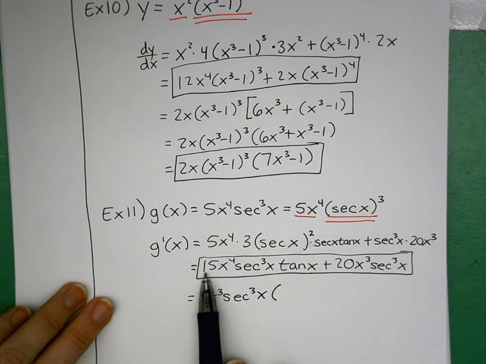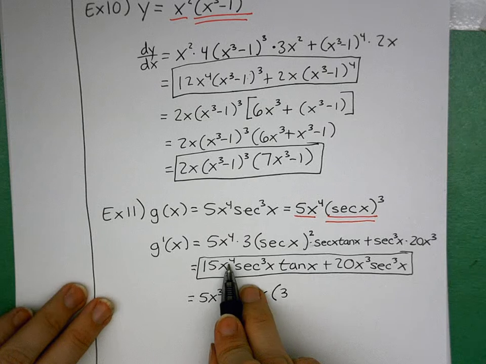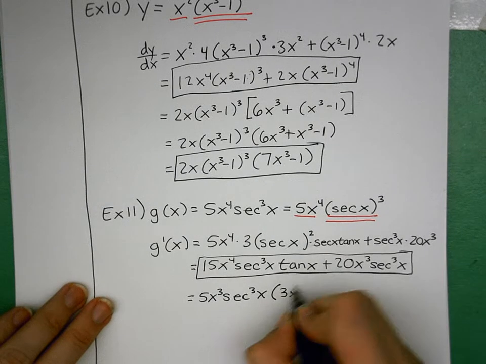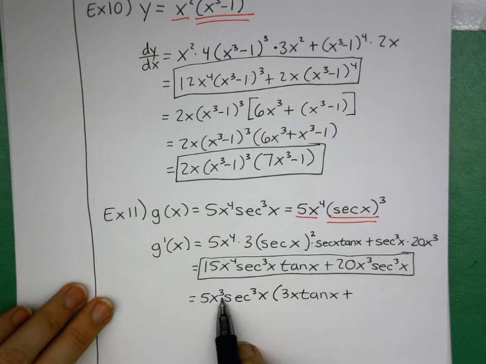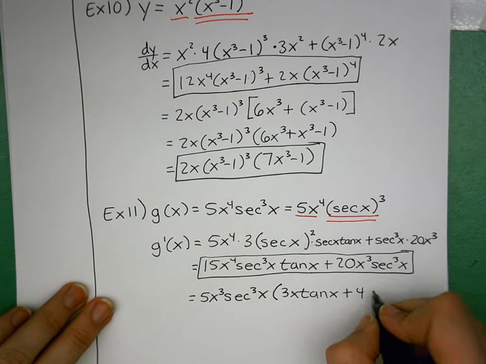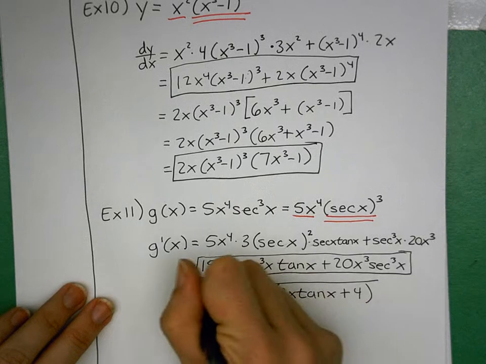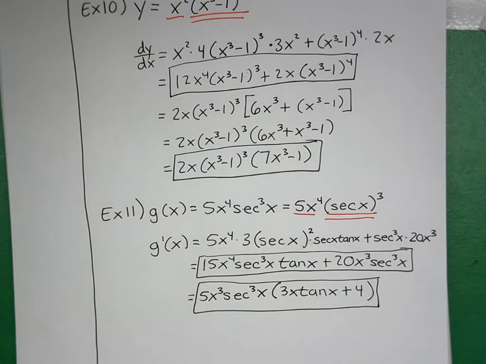In my first term, a 3 and an x and a tangent x. And in the back term, a 4, and then the x cubed went out and the secant cubed went out. So that is my potential second answer, potential final answer.